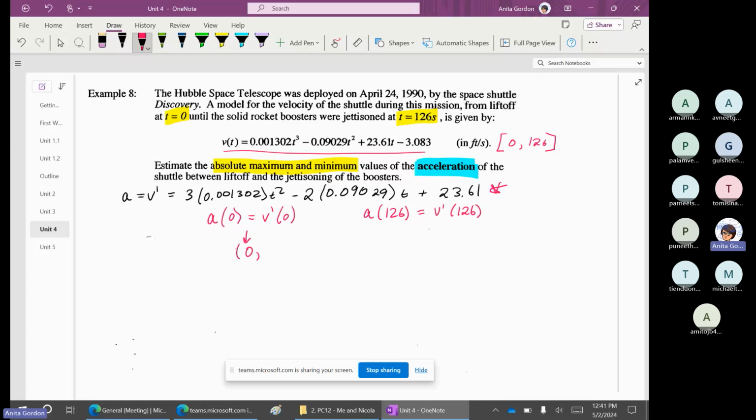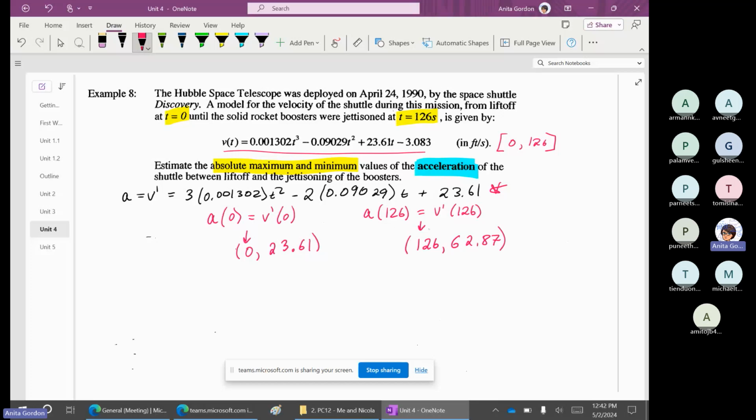A of 0 is 23.61, and for 126, the acceleration was 62.87.